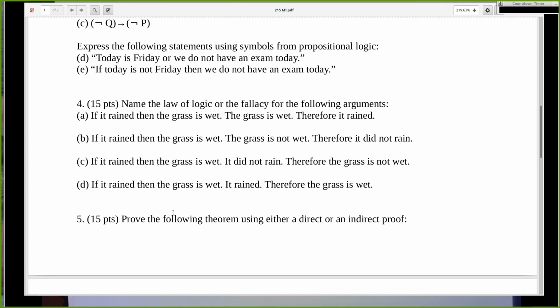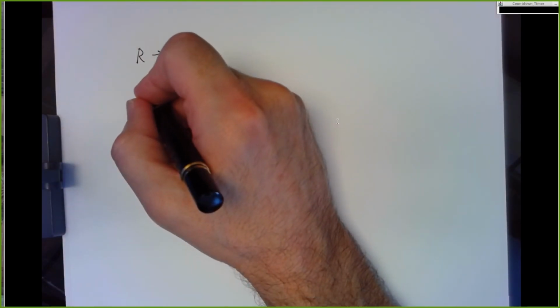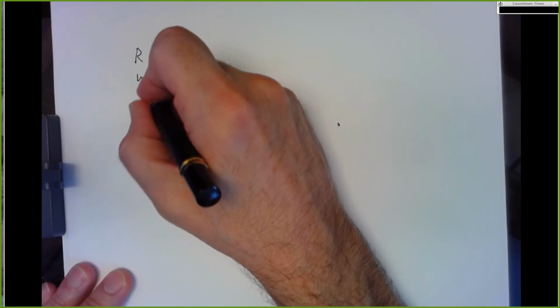All right, name the law of logic or the fallacy for the following arguments. If it rained, then the grass is wet. The grass is wet, therefore it rained. So is that a law of logic or a fallacy?